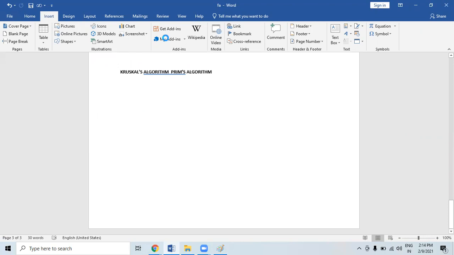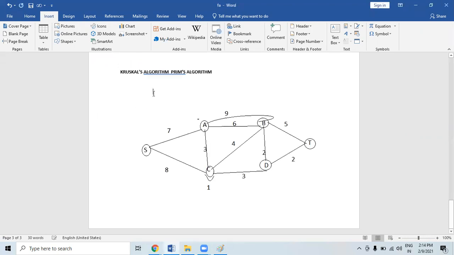Okay, so we can give the name of this diagram. Let's consider the following example. This is the example of our first algorithm, Kruskal, and this is Prim's.